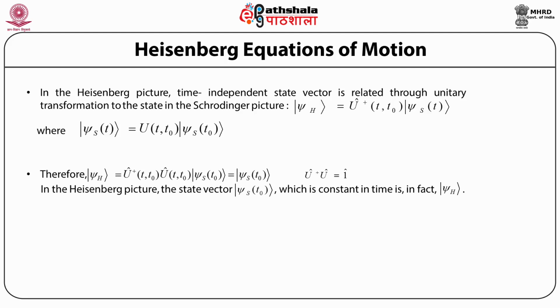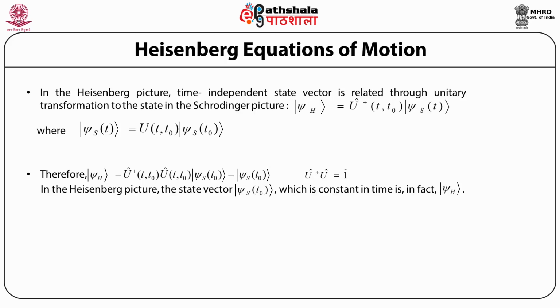Therefore, we can rewrite the ket vector ψ_H, the state vector in the Heisenberg formalism, as being equal to U†(t, t0) U(t, t0) acting on ket vector ψ_S(t0).